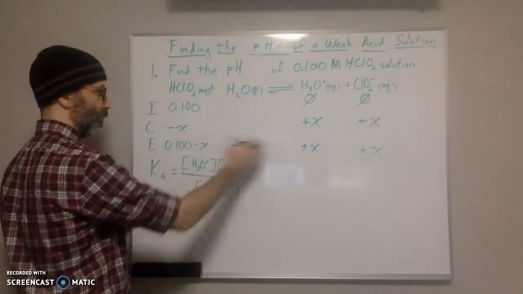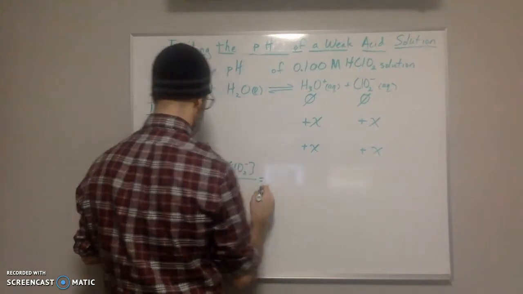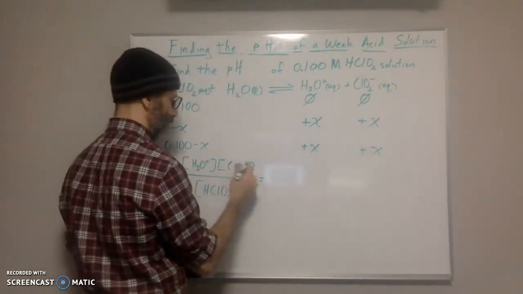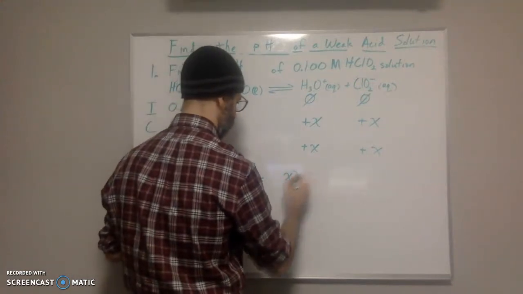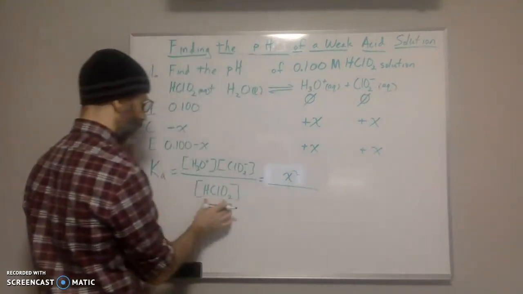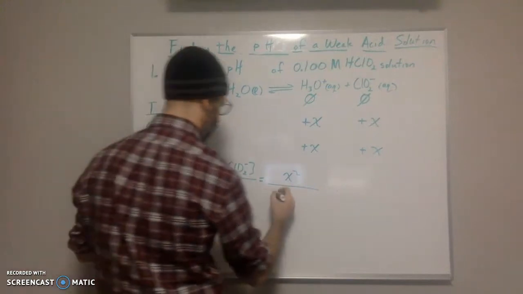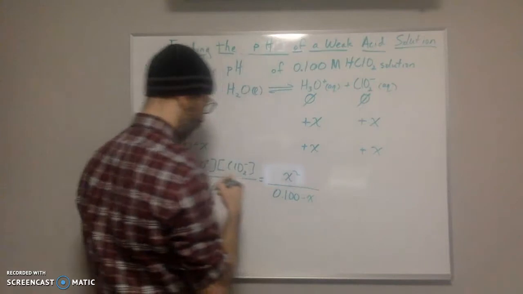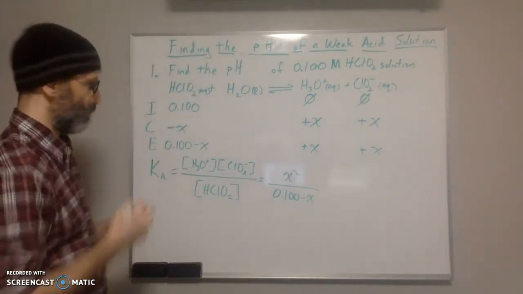And now we just plug in our expressions. Since both of these are X times X, that's X squared, over 0.100 minus X.